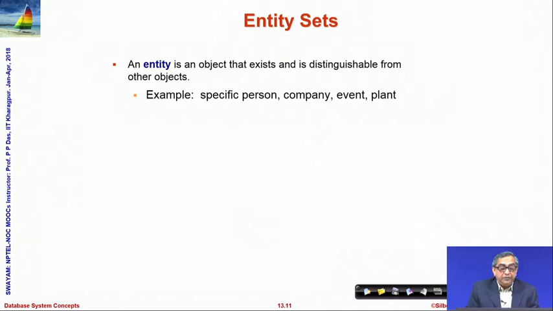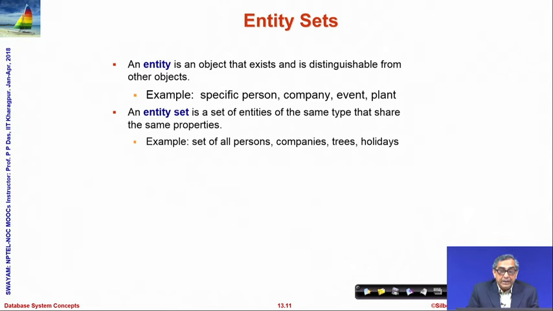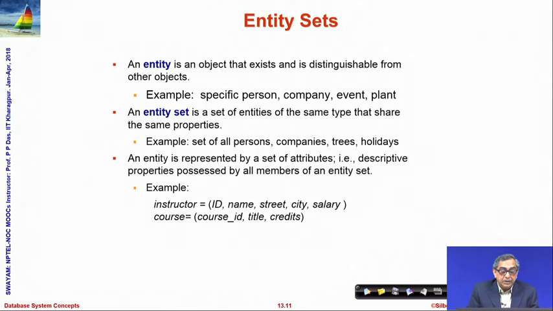As already defined, an entity is an object that exists and is distinguishable from other objects. An entity set is a set of entities of the same type that share the same properties, and an entity is represented by the set of attributes or properties that describe it. When we say instructor, for example, these are my attributes, as you have already learned while studying SQL.